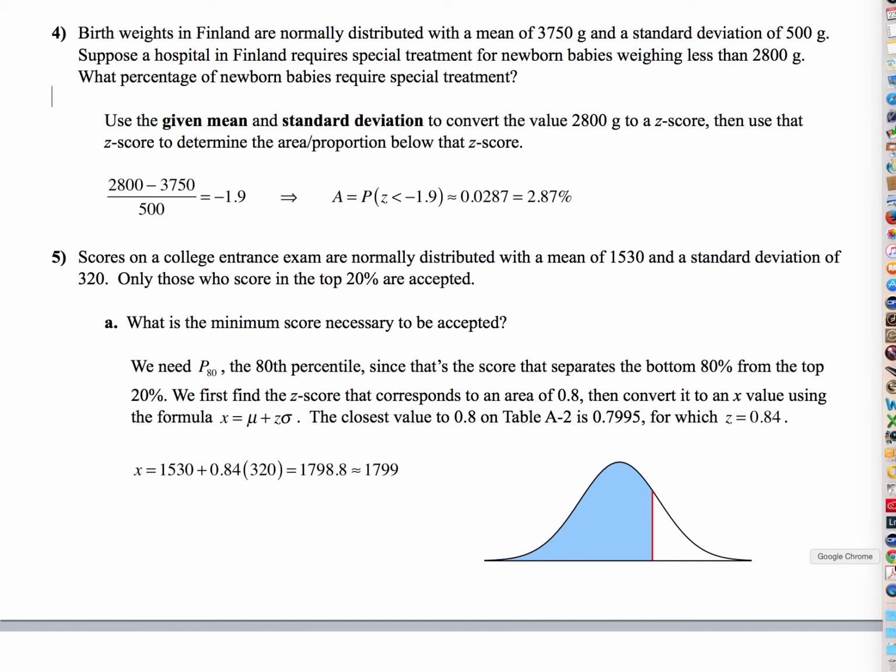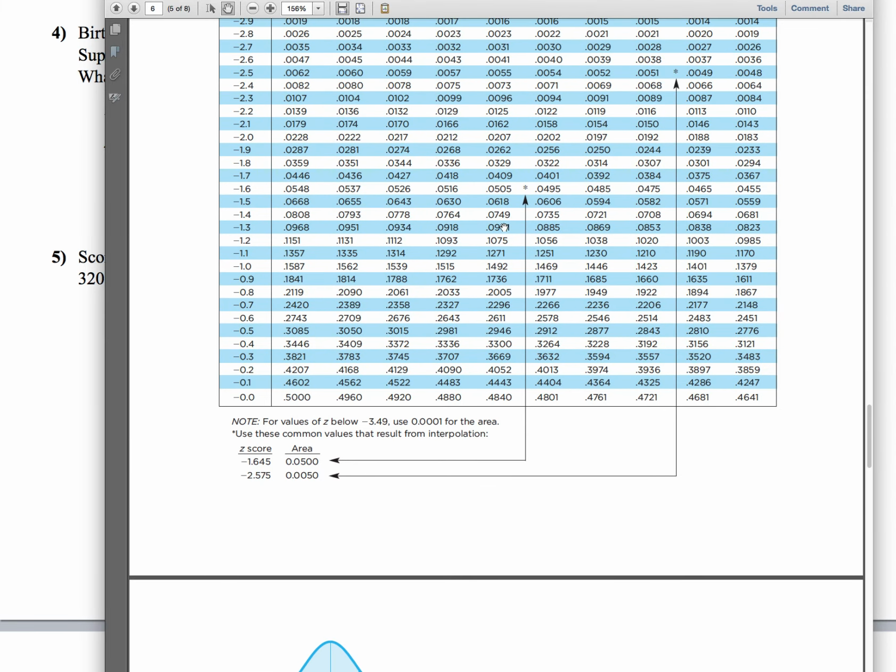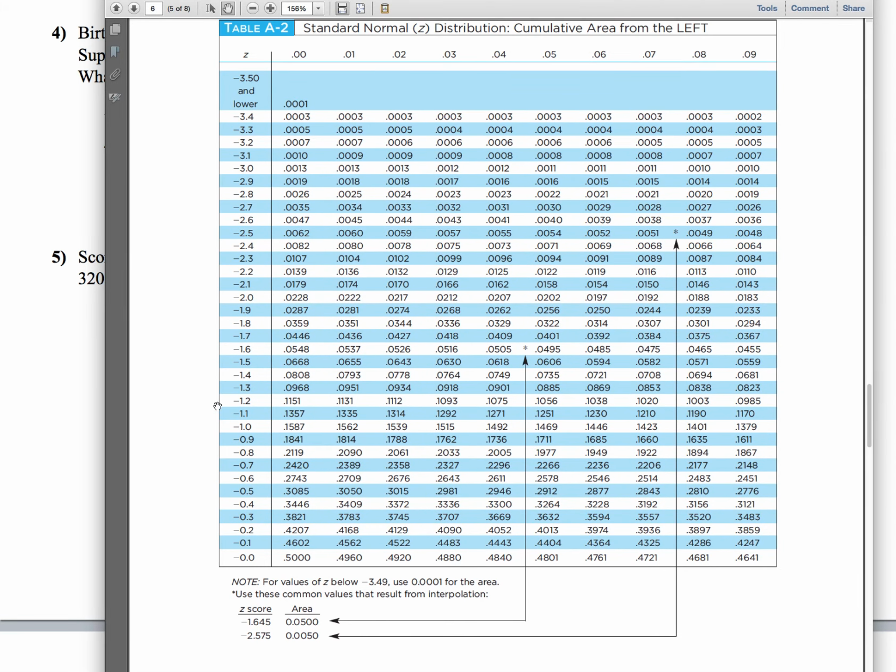So we go to our negative z-scores, negative 1.9, right here, to find the area that corresponds to it. Well, that's going to be in the first column because the hundredths digit is 0. So the area under the curve to the left of negative 1.9 is 0.0287. That's this value right there.